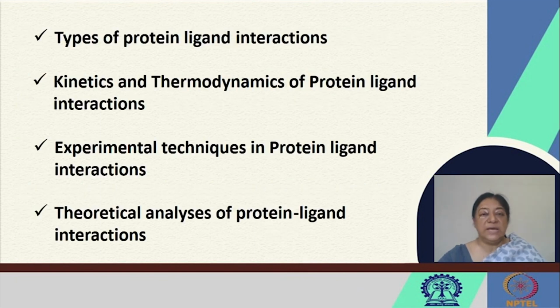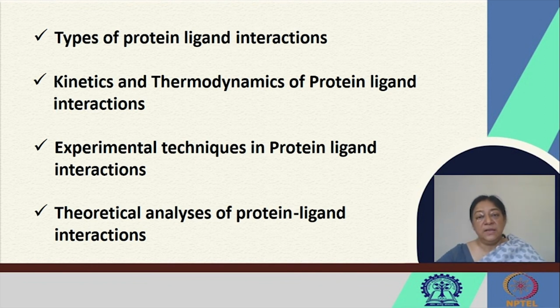What we have looked at in this module are the types of protein ligand interactions, the kinetics and thermodynamics of protein ligand interactions, followed by experimental techniques in protein ligand interactions, and in the previous lecture, theoretical analysis of the protein ligand interactions in terms of docking methods and other methodologies.